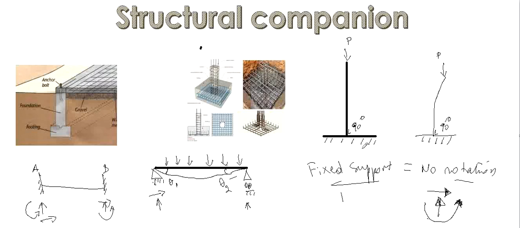This is the soil. The load you apply is spread to the soil, and this is your footing. This is, let's say, the column. There's no rotation at all. This is where you find a fixed support.